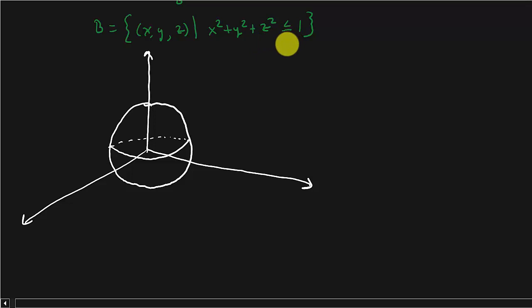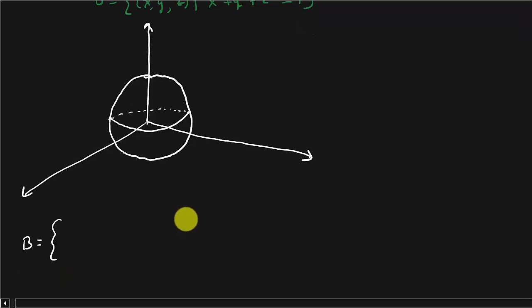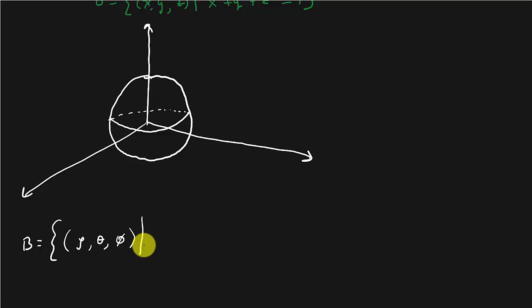So let's set it up. B is equal to the set of rho, theta, phi such that... I need to know what rho is between, what phi is between, and what theta is between. And it's pretty easy.